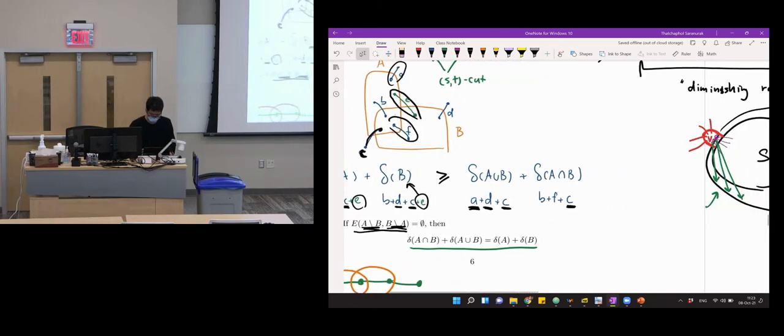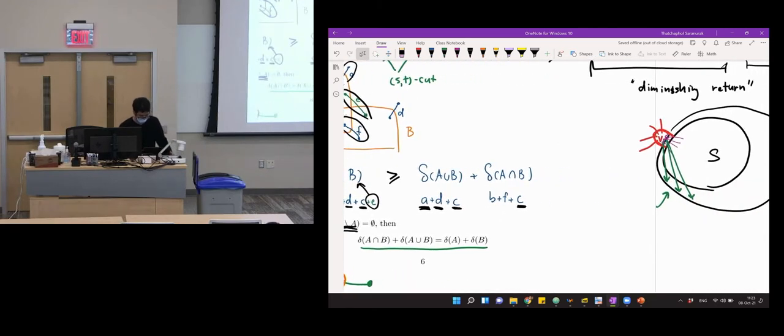If the green number is more, that would be good, right? Because when you move V to S, the cut size is dropping by pink, and it increases by green. So if green is lesser than pink, then the net cut size drops, except for the red edges, there is a drop in cut size.